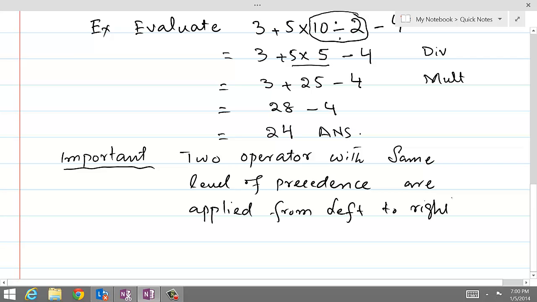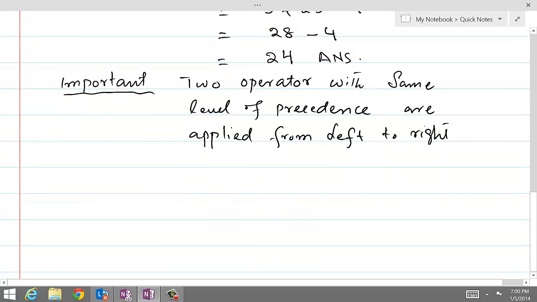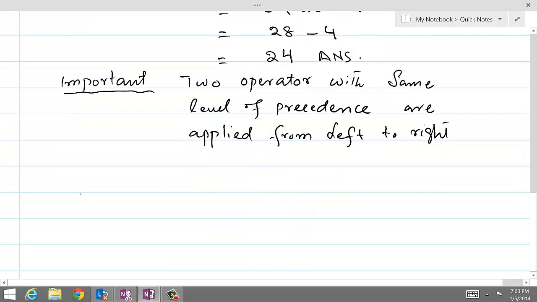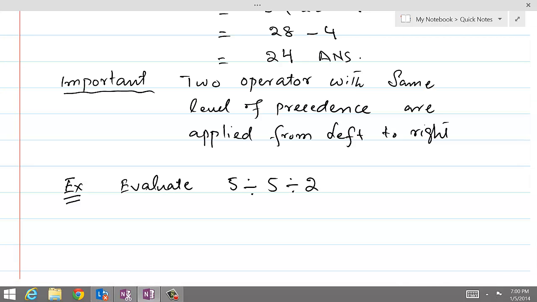And the example of this could be a very interesting example. If you have a question where it says evaluate 5 divided by 5 divided by 2. Now, there is only one kind of operator present in this expression, division. Which one are you going to calculate, this part or this part?